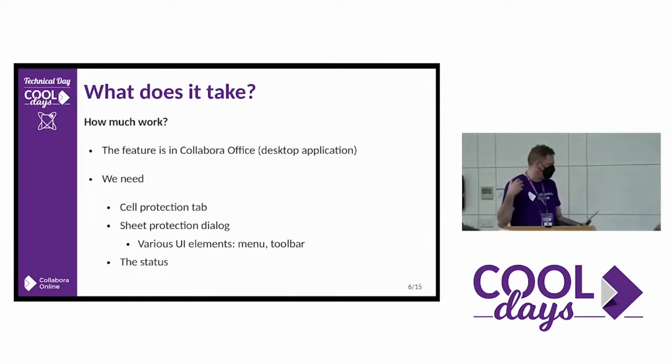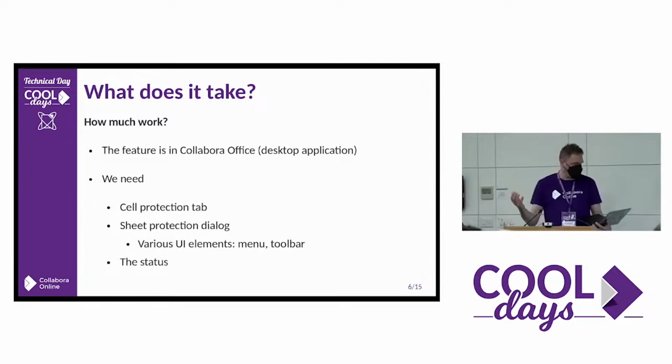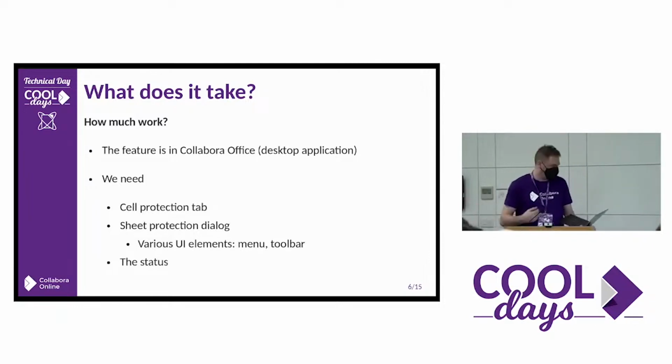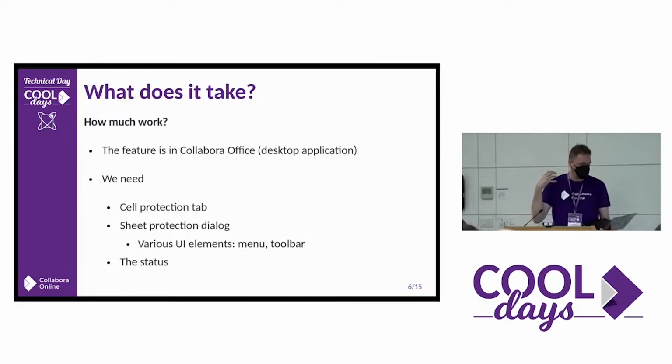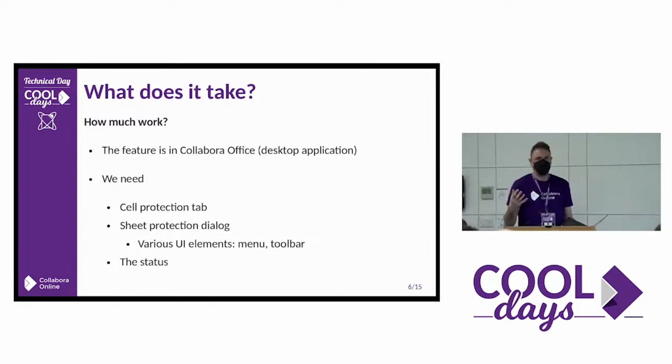So the good news is the feature is already in Collabora Office, the desktop application, so LibreOffice as well. And that's where the message you saw came directly from. We need to implement this. We need to be able to have the cell protection tab in the cell properties dialog, which is how you enable that option to protect a cell.